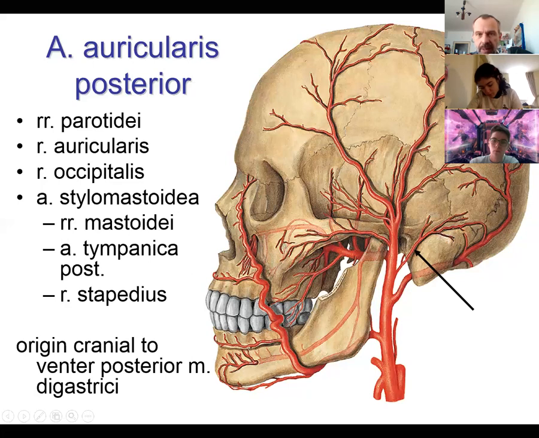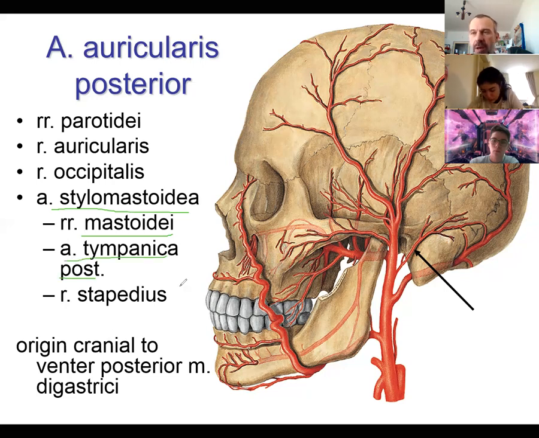But then mainly it gives an artery inside the skull, and it goes into the stylomastoid foramen. So it enters the third mastoid segment of the facial canal, and it supplies the mastoid cells inside the mastoid process, but it supplies also the tympanic cavity as the posterior tympanic artery.